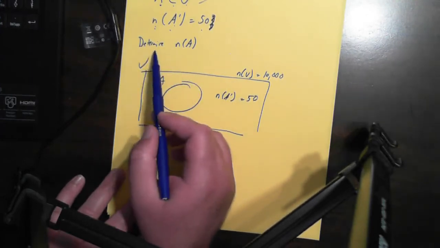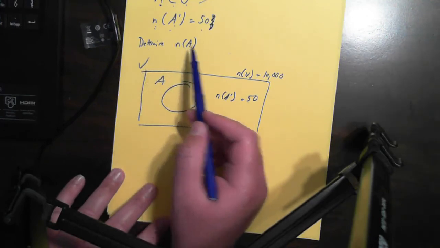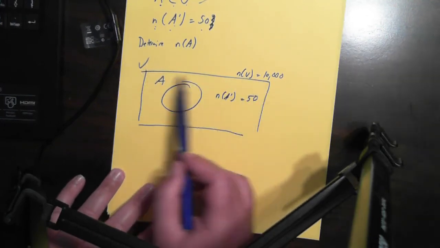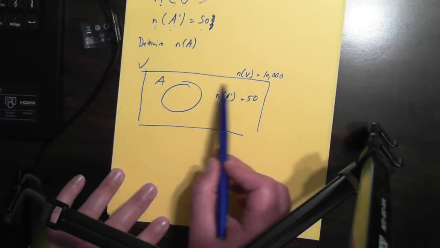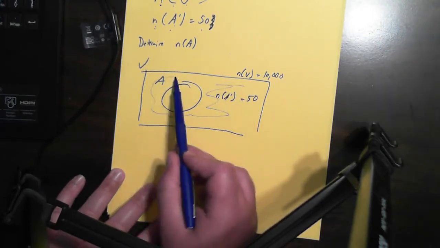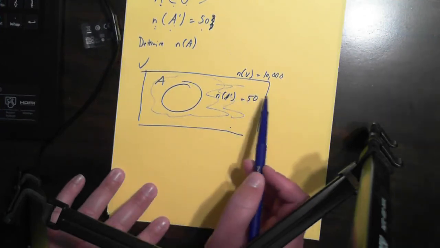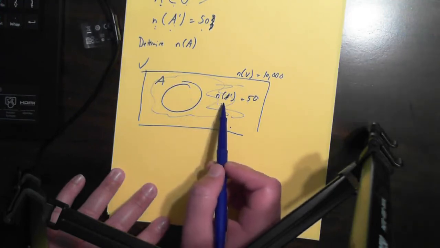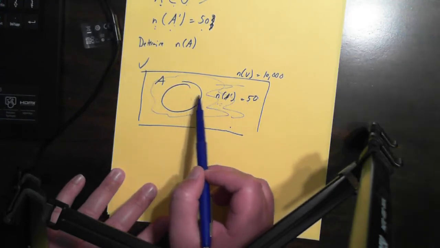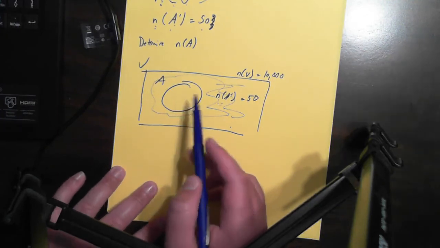Okay? Now it's asking me to determine the number of elements that are in A. Well, if I know that this rectangle has 10,000 elements, and this area outside of the circle, sorry, has 50, then that must mean, since these are the only two sets involved, U and A, that the rest of the 10,000 must be in here, right?